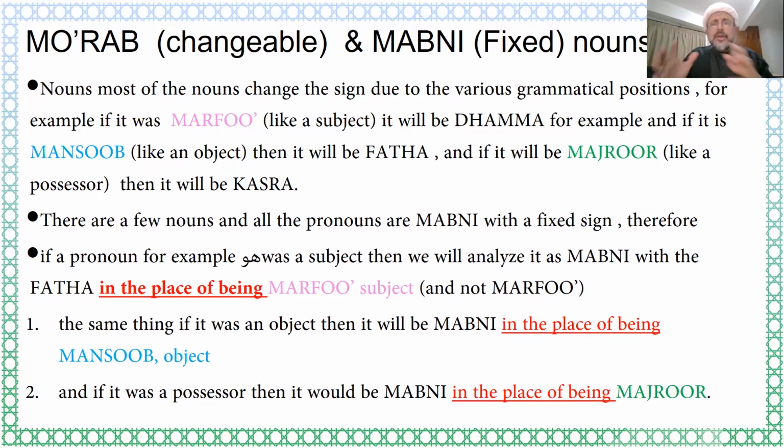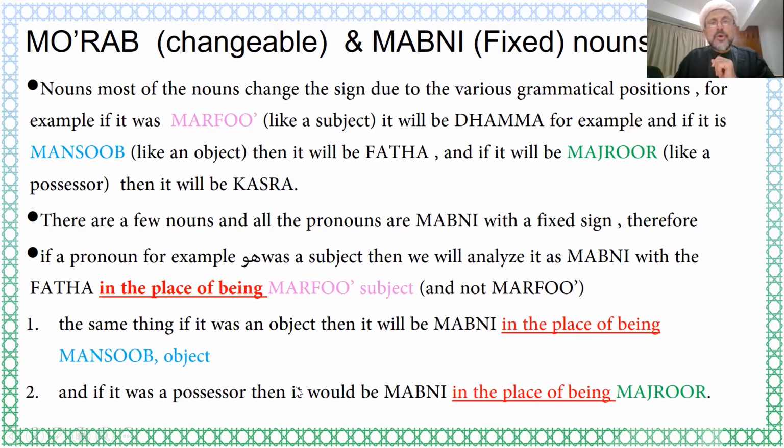So if it does not change, what if huwa was a subject? We will say huwa is fixed with the fatha in the place of being marfu'. And what if it was an object? We will say huwa is fixed with a fatha, mabni, meaning it doesn't change, in the place of being mansoob.